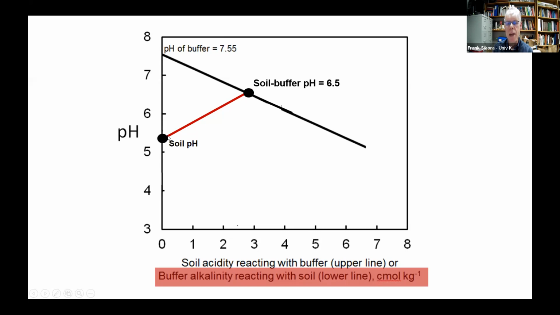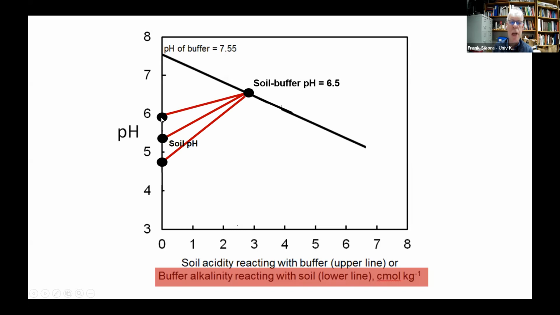You could also overlay on this graph the amount of alkalinity from the buffer that is required to increase the soil pH from some initial pH, here about 5.2, to this soil buffer pH of 6.5. So this red line is a lime response curve. It's the pH of the soil increasing with the addition of the alkalinity from the buffer. So if you take that concept from the previous calibration table, if you're in the middle of a soil pH, you're going to recommend so much lime to get to a target pH value.